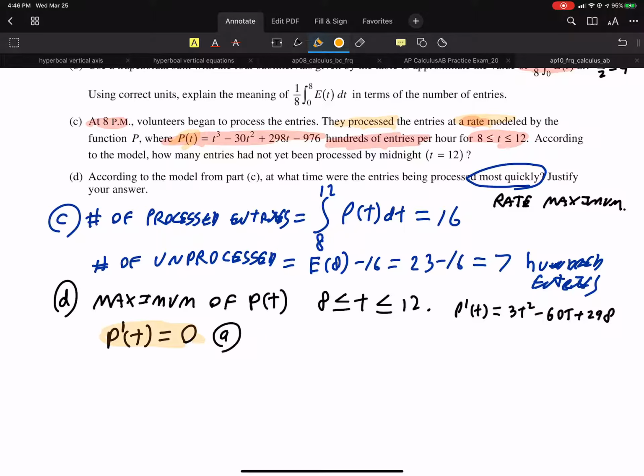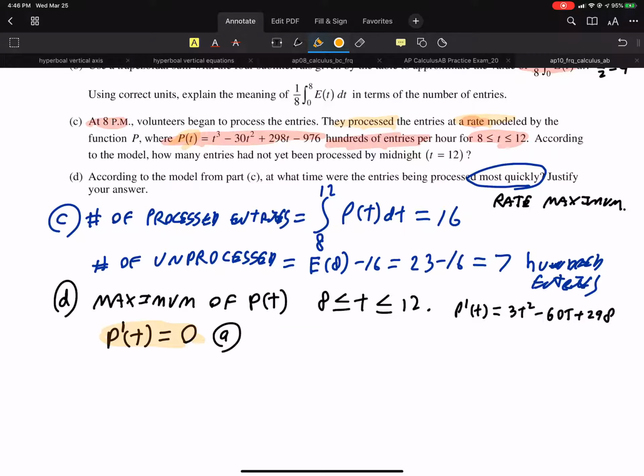So I'm first going to find the derivative and set it equal to 0. I'm going to put that function in my calculator and graph that: 3t squared minus 60t plus 298. I want to graph that, not the original. Again, I want to do it from 8 to 12. And it crosses twice.